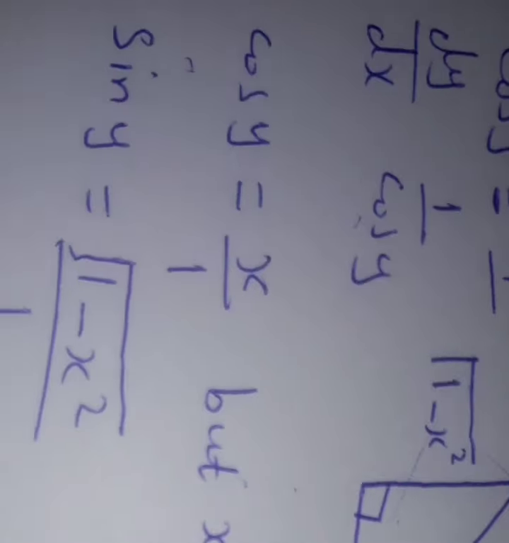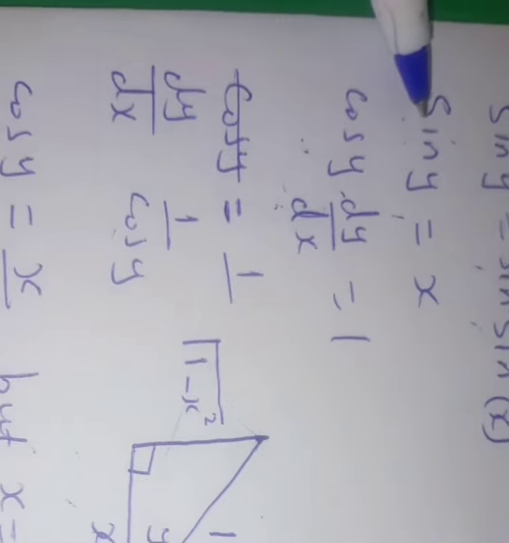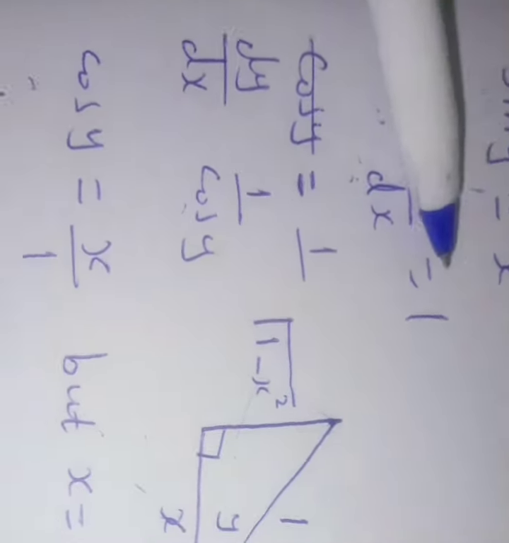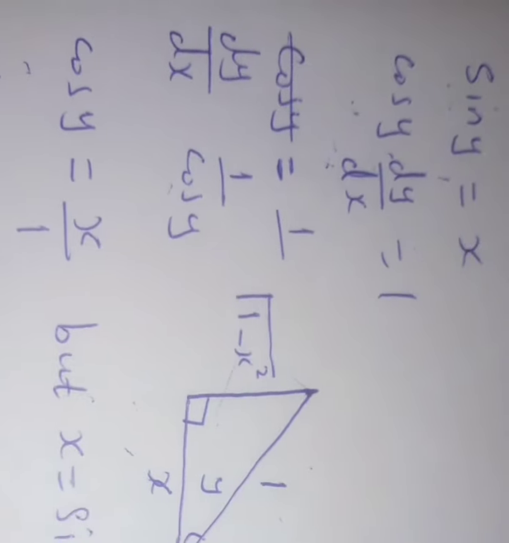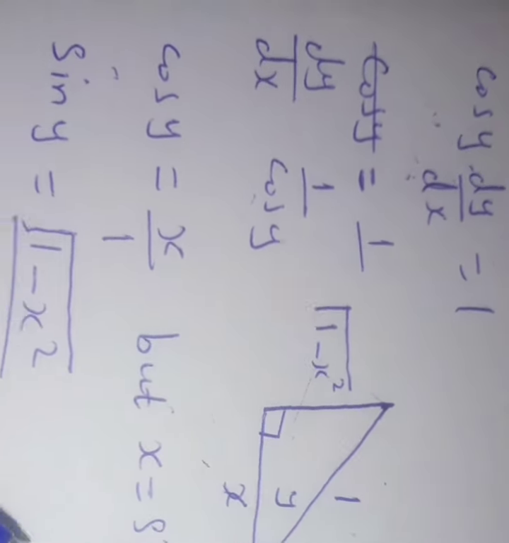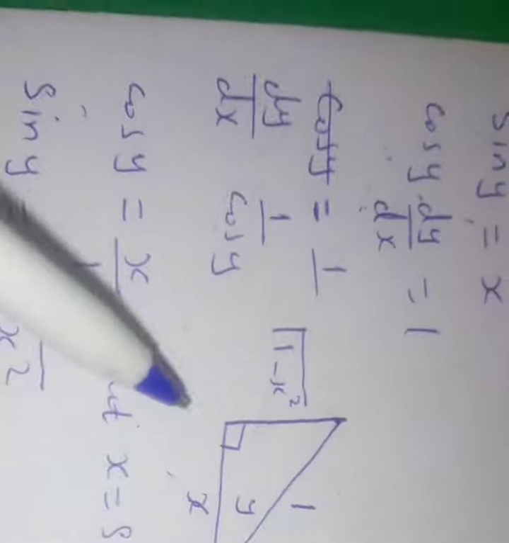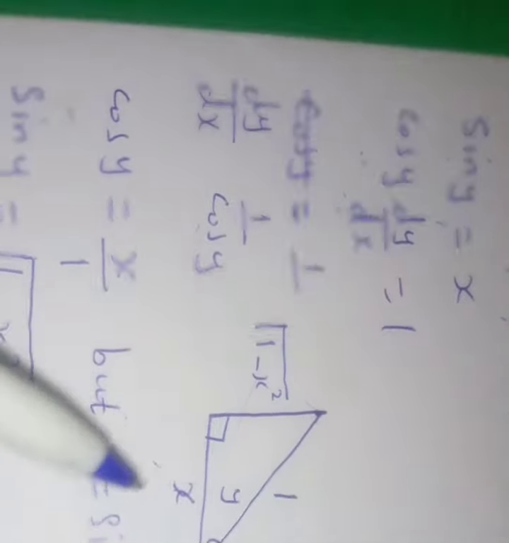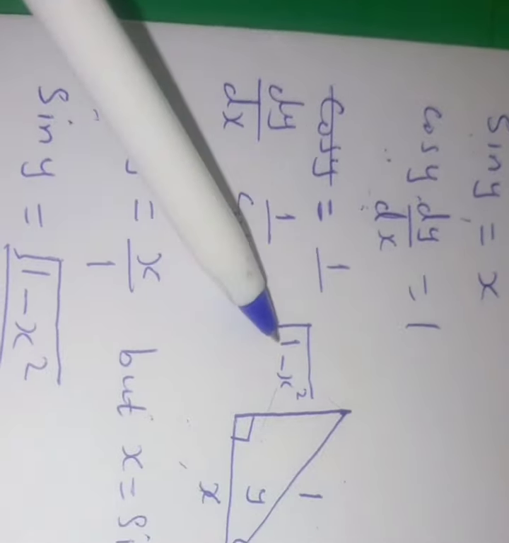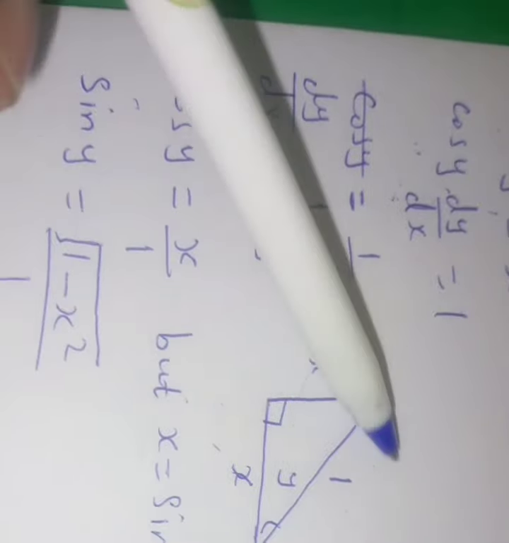But we know from here that sine y is equal to x. So x is equal to sine y, meaning that from this diagram, sine y will be given by opposite over hypotenuse, which is the square root of 1 minus x squared divided by 1.